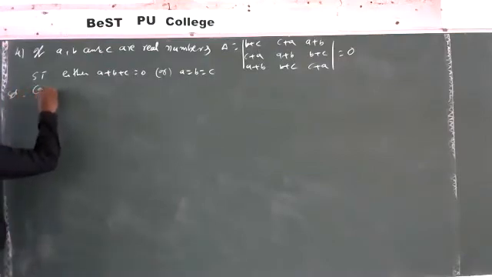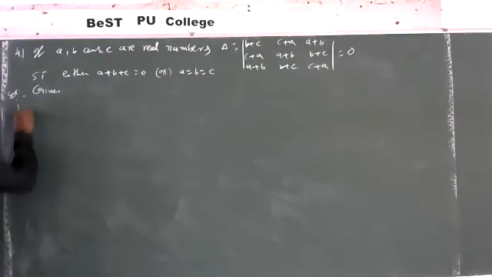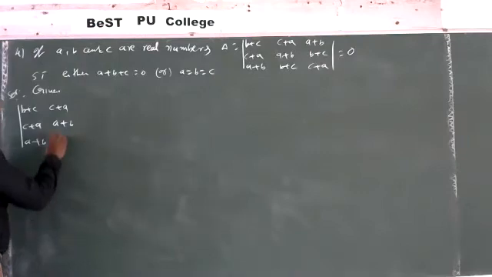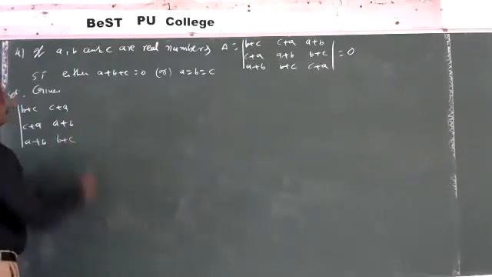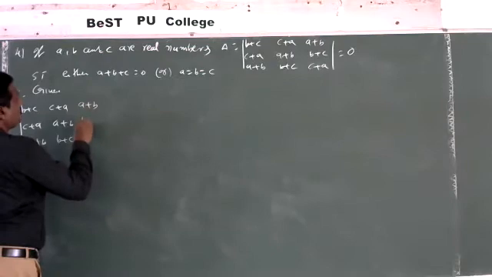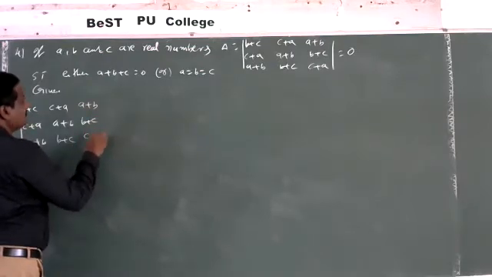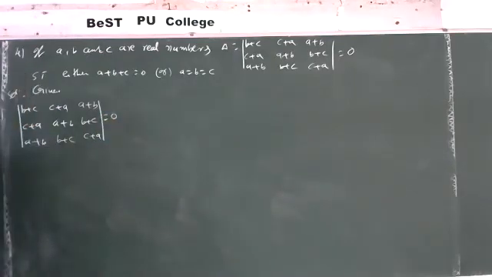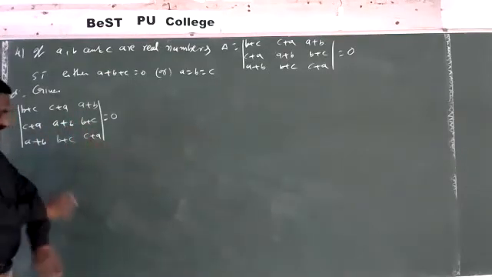Here, given the determinant of b plus c, c plus a, a plus b; c plus a, a plus b, b plus c; a plus b, b plus c, c plus a equal to 0.